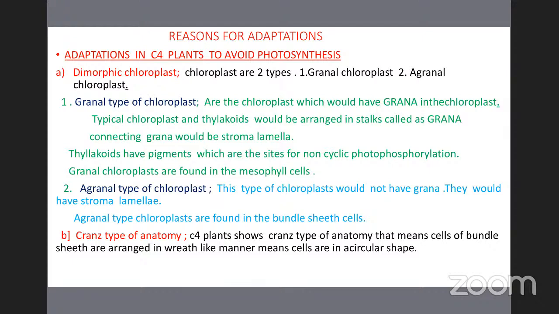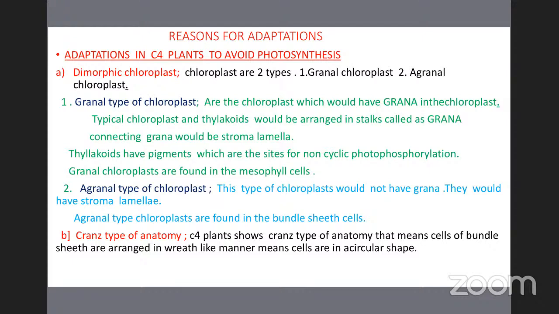So the granal type of chloroplast is similar to the normal chloroplast, having a double membrane, stroma, and granal stacks connected by stromal lamellae. In every thylakoid, pigments are present, which help in performing the light reaction through non-cyclic and cyclic photophosphorylation, through which assimilatory power will be synthesized.